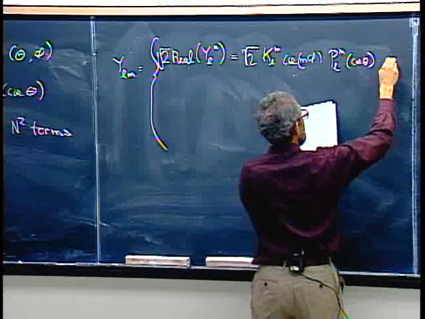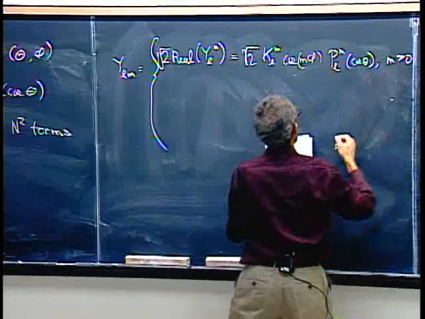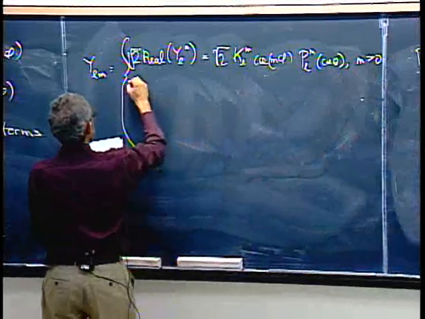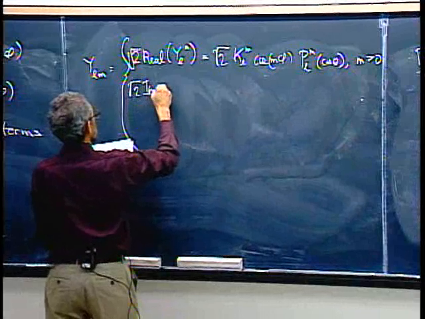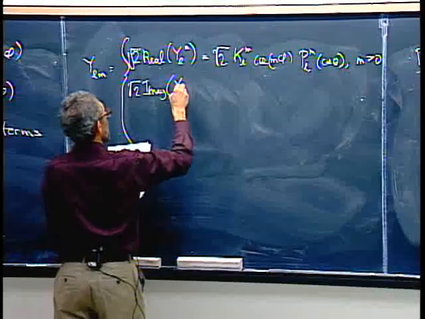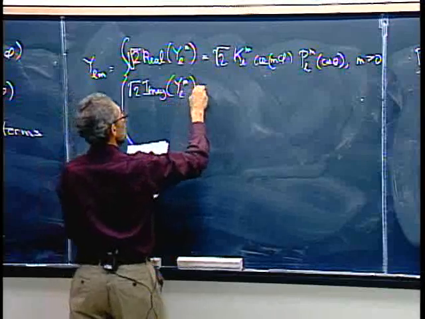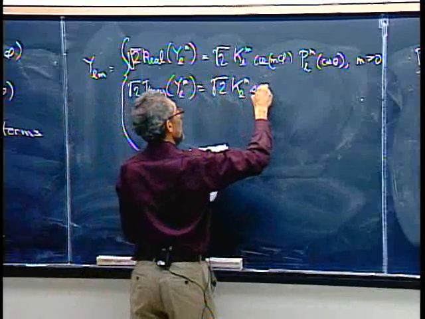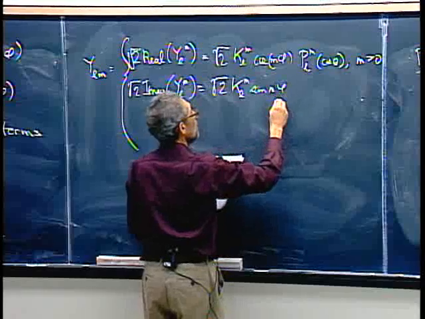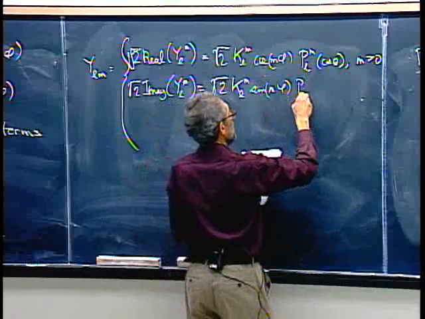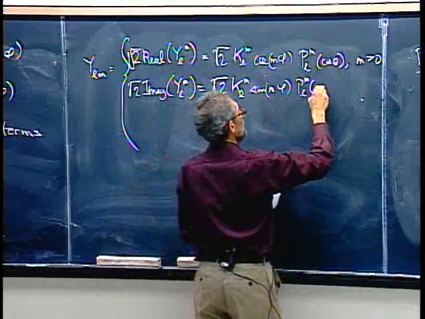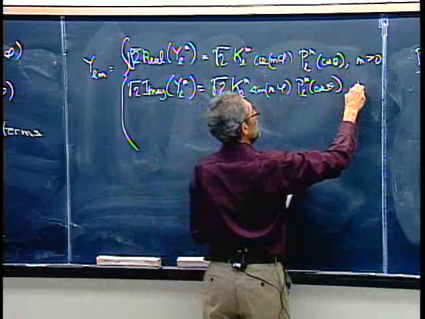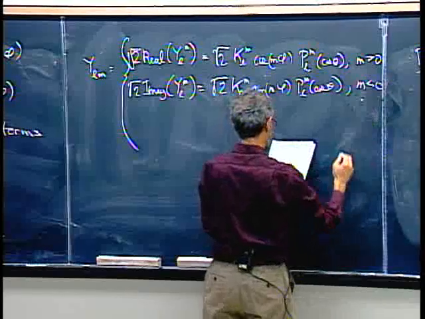That's for m greater than 0, and it's the square root of 2 times the imaginary part of Y_LM, K_LM, and then we have sine m phi P_LM cosine theta, and that's for m less than 0.